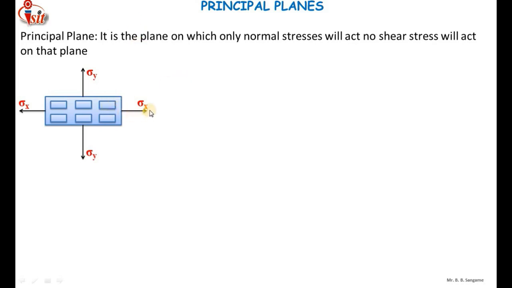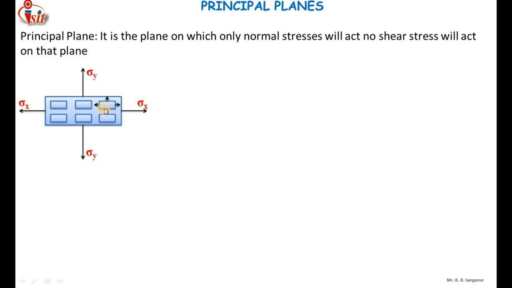When I apply a force along the x-axis, there will be a stress along the x-axis. Similarly and simultaneously, when I apply a force along the y-axis, there will be a stress along the y-axis. So every single element inside the component will be subjected to the stress of the same magnitude, sigma x and sigma y.